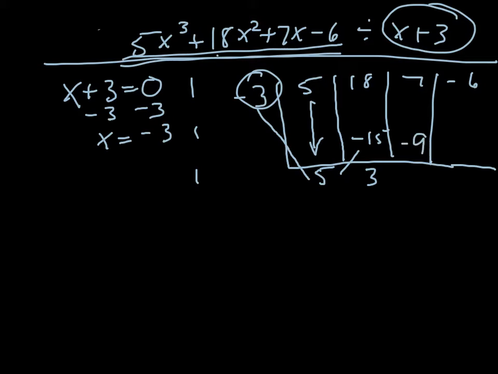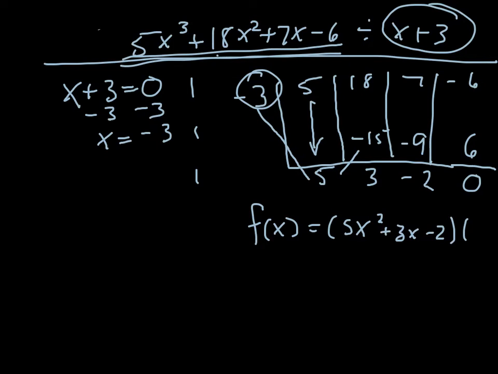You put it on the next one, and you keep going. So then the last number we have is 0, no remainder, great. So then to write it, you could say f of x equals 5x squared plus 3x minus 2, times x plus 3. But you'd rewrite it like that.